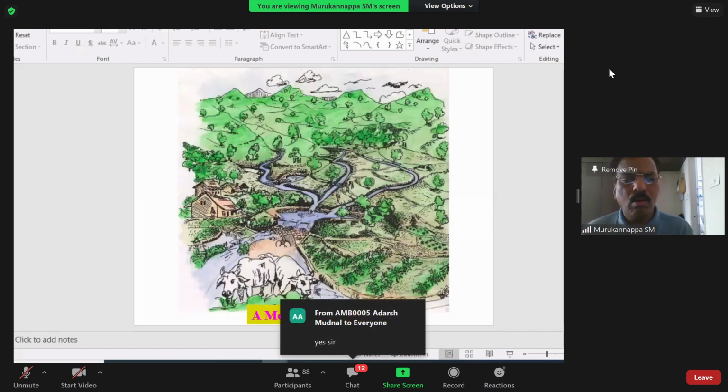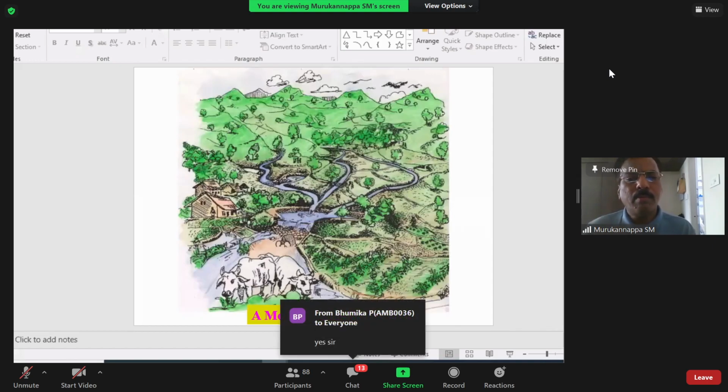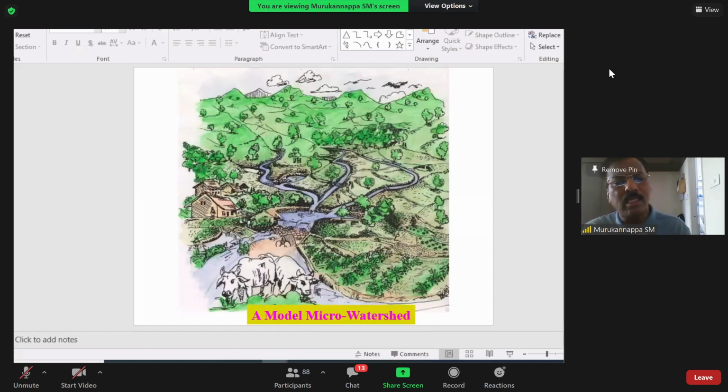Is it clear now? If you are clear, then it is easy to understand what the conservation measures are for the arable land, for the non-arable land, and for the drainage line, that is nalas and gullies. Did you clear?